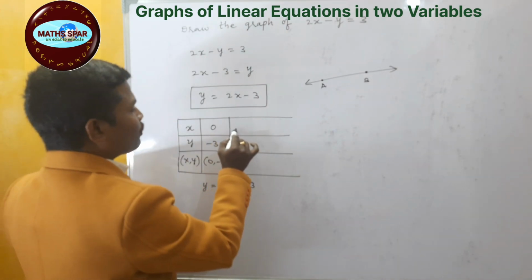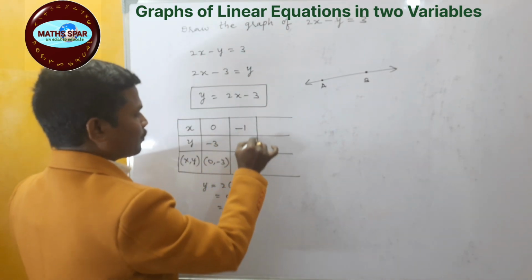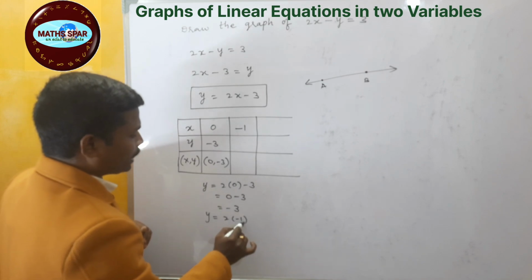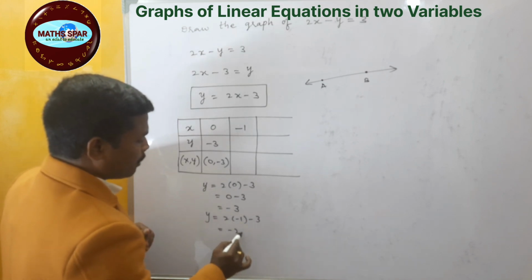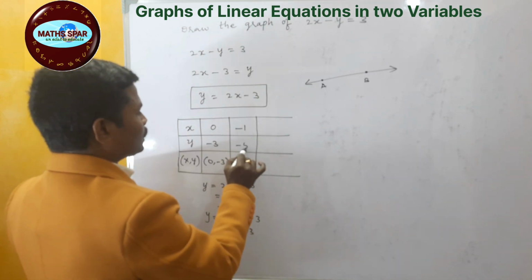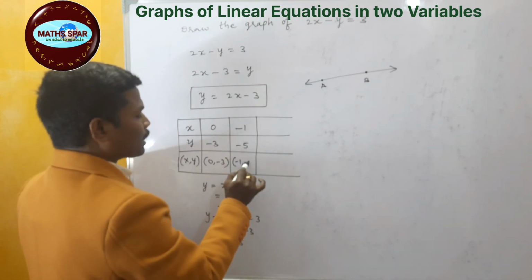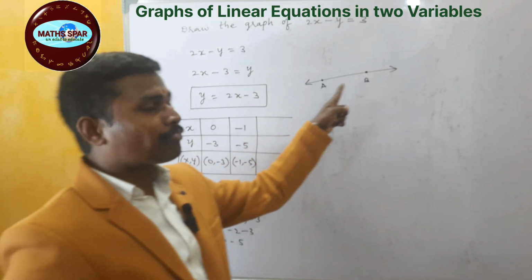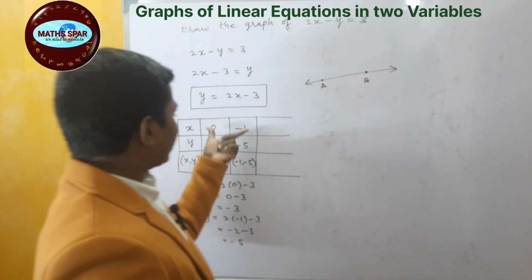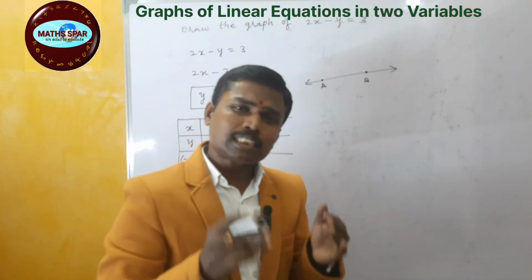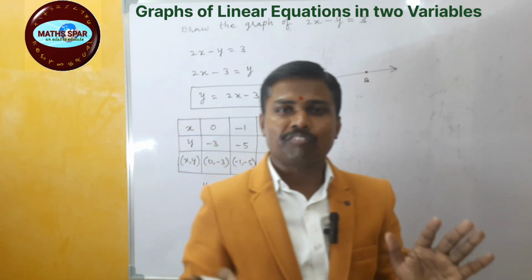Now, suppose you take minus 1 here, then y is 2 into minus 1 minus 3, that is minus 2 minus 3, which is minus 5. So minus 1 comma minus 5 is the point. Is it sufficient to take only these 2 points and show the graph? Yes, it is sufficient, more than enough.